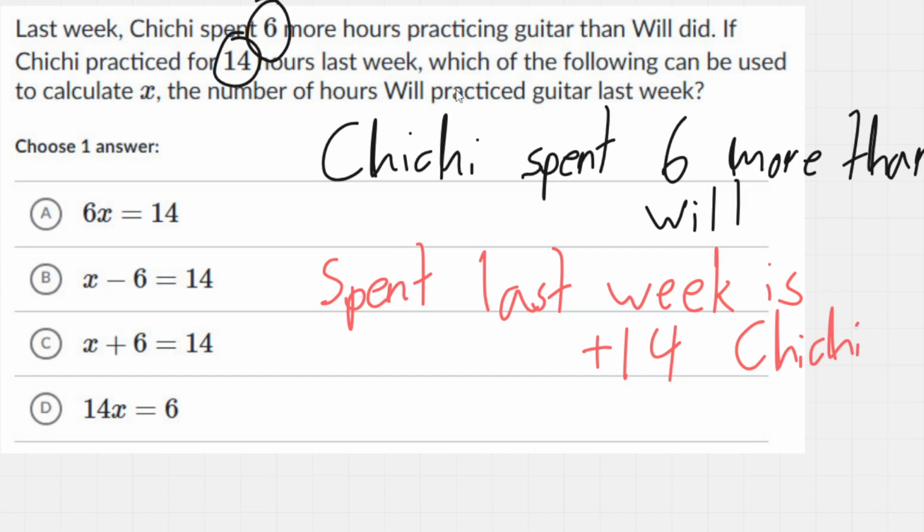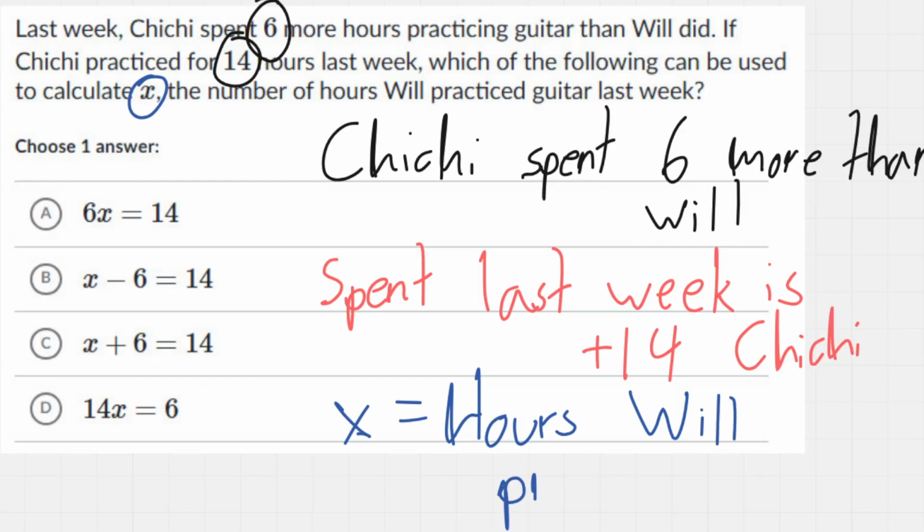The next statement is: which of the following can be used to calculate X, which is here the number of hours Will practiced guitar last week. So X is equal to the hours Will practiced. Sorry for my handwriting. Okay. Now, what I want you to think about is, am I adding, subtracting, or multiplying in my problem?